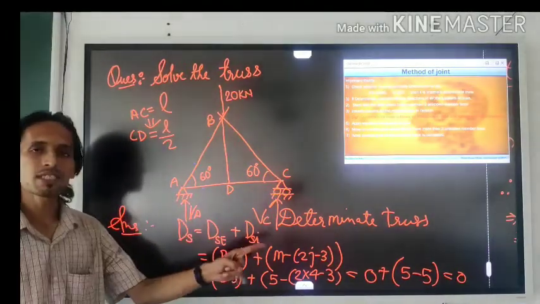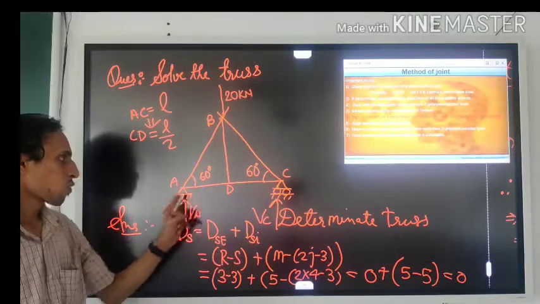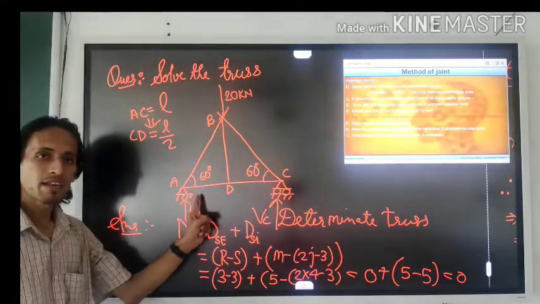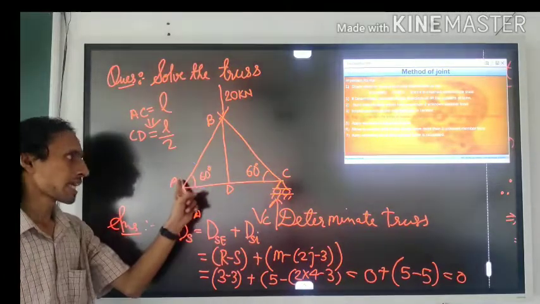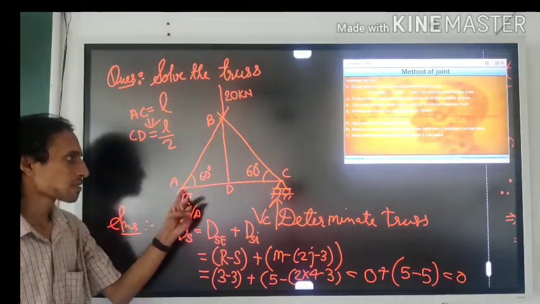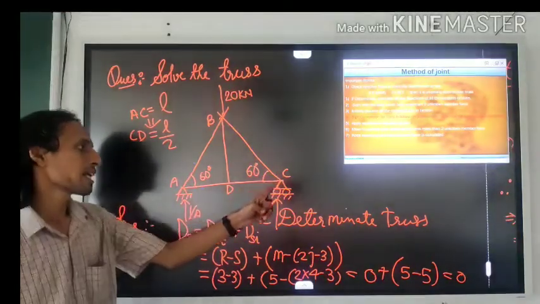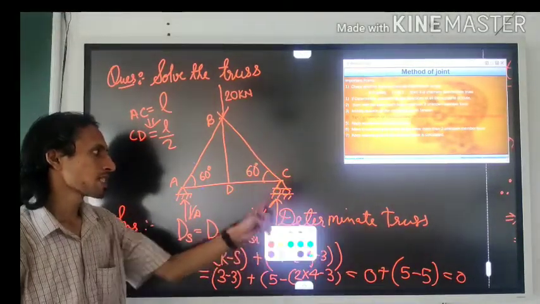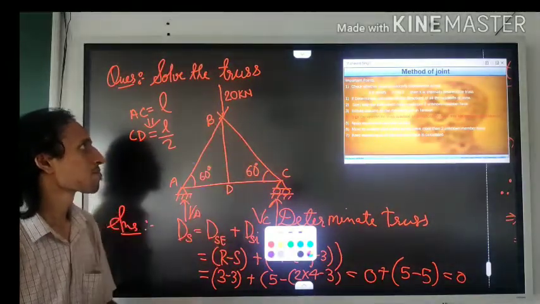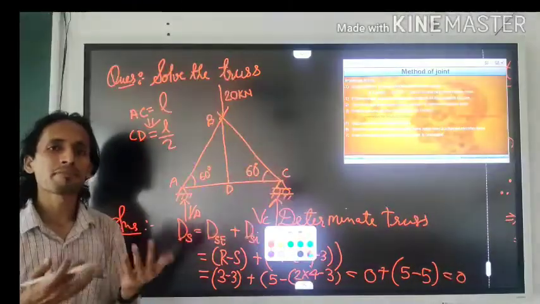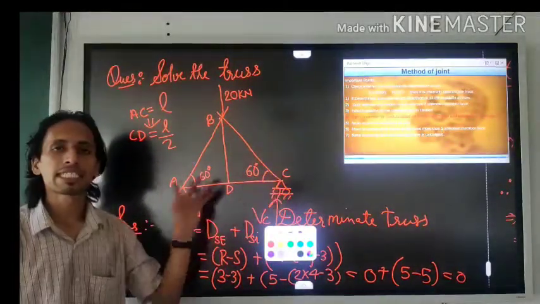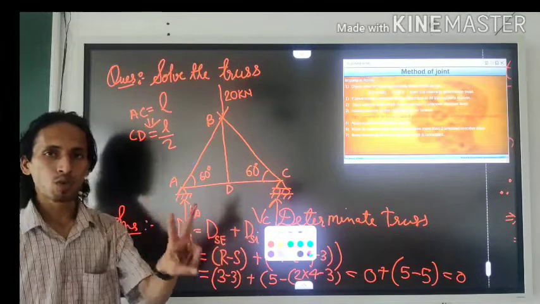Because its value is 0. So there is one force, two force in the member AD, the third member is AB, there will be some force in AB. So there are three forces at this point. Similarly at C, first force VC, then another in CD and another in CB.